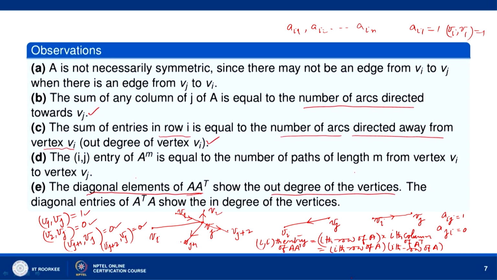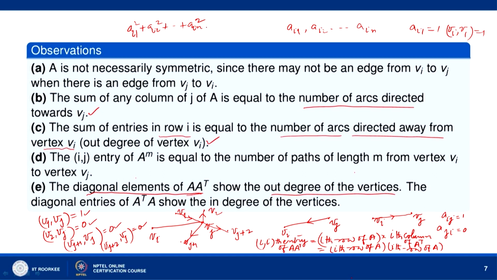And the sum of entries in row i is equal to the number of arcs directed away from the vertex bi. So, the diagonal elements show the out degree of the vertices. The ii entry will be equal to ai1 square plus ai2 square and so on up to ain square. Now, either the values of these are ones or they are zeros.